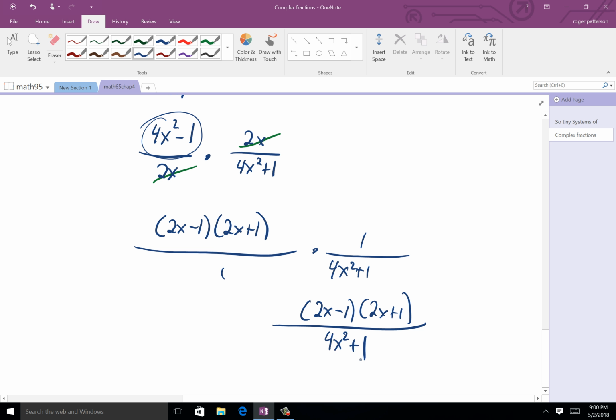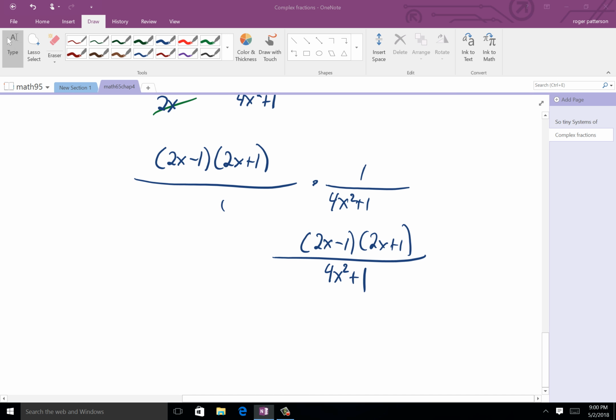Now, we probably didn't have to factor that because it didn't really do anything for us. So we could have left the answer like this. Same thing, it's just written a little differently.